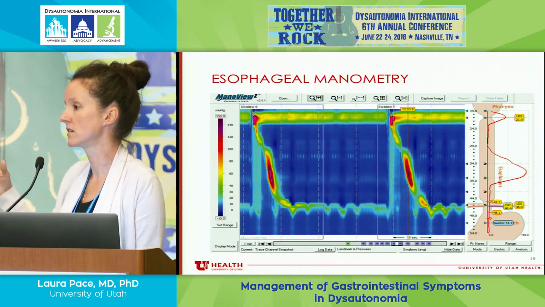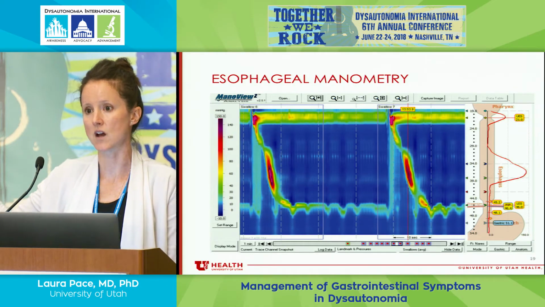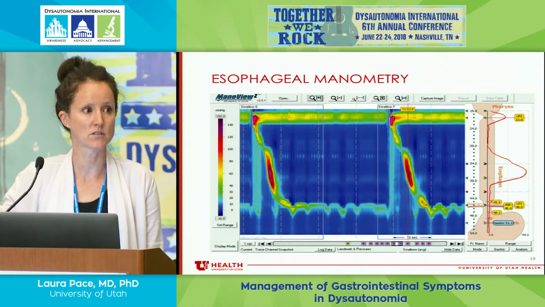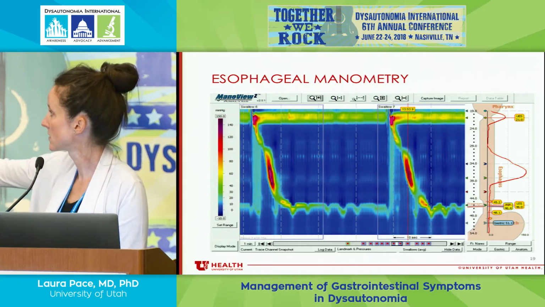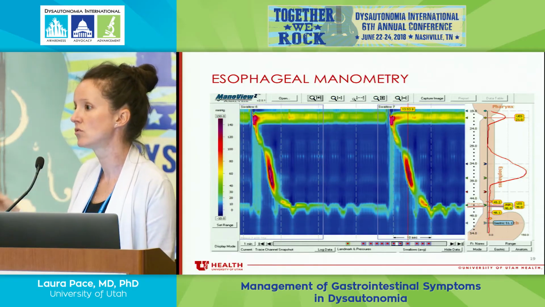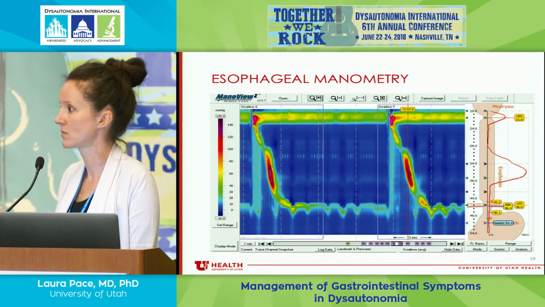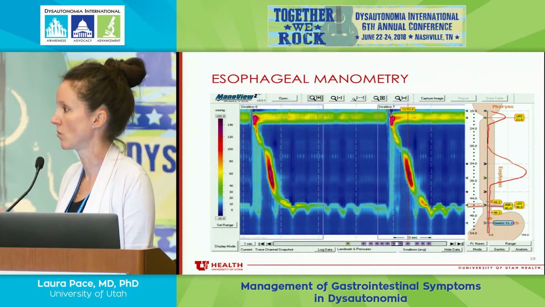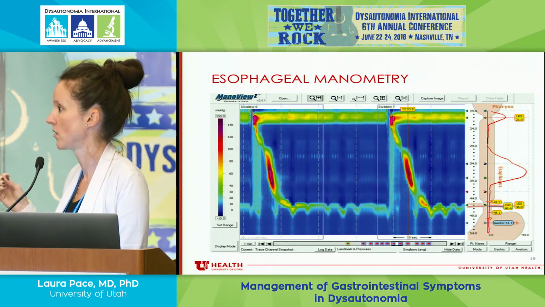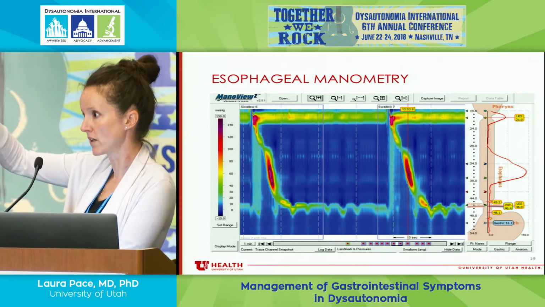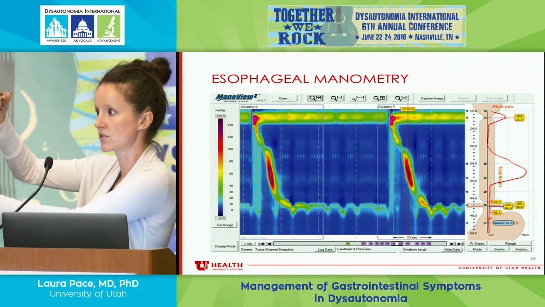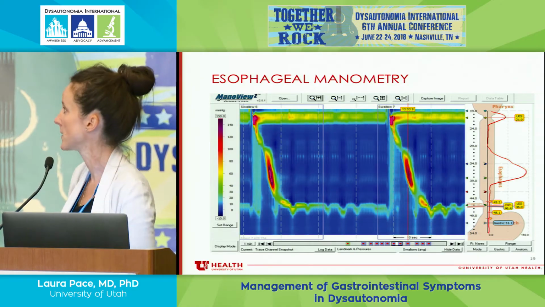What it does is it looks at the pressure within the esophagus and the coordination of muscular contractions with swallows. The pattern you do not want to see is all the segments of the esophagus pressurizing at once. You want a coordination of contractions so that you are moving the bolus of food or fluid sequentially down the esophagus, okay?